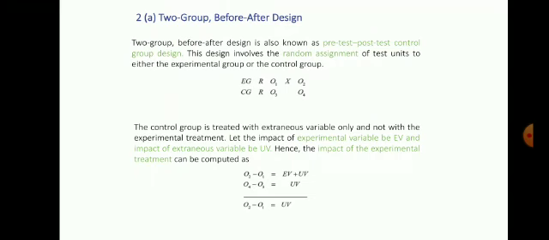A random assignment of the test unit to the experimental group takes place. Another important term to understand is that the control group is treated with the extraneous variable and not with the experimental design. So here, the control environment takes the extraneous variable also into consideration, and then the impact is computed.